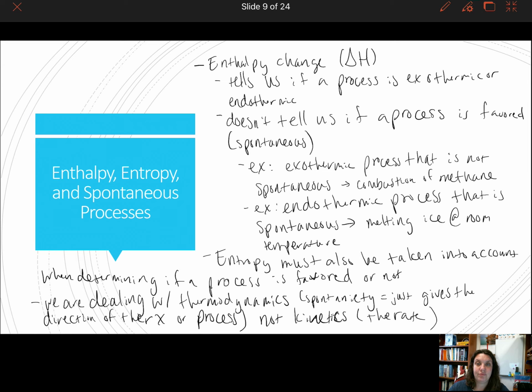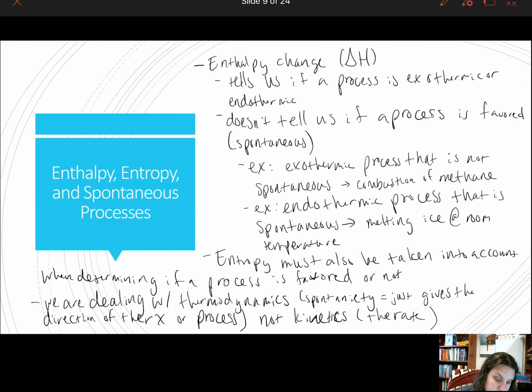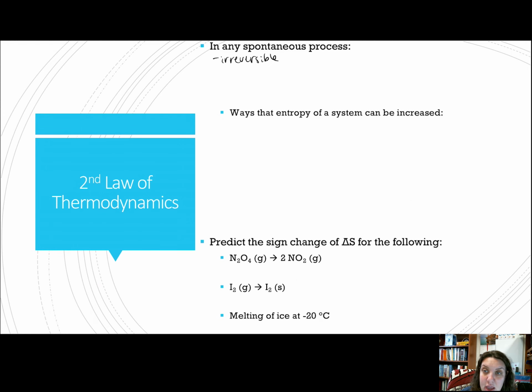Okay. So, if we have a spontaneous process, we have a process that is irreversible. And that's because a spontaneous process in one direction is non-spontaneous in the other direction. Okay?